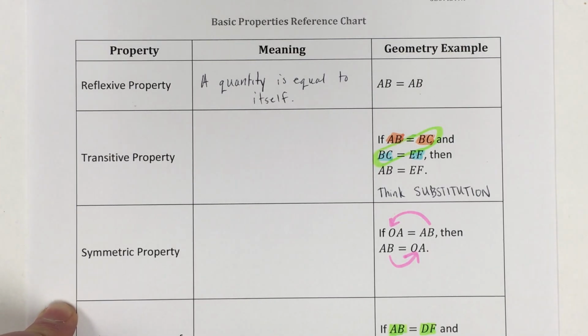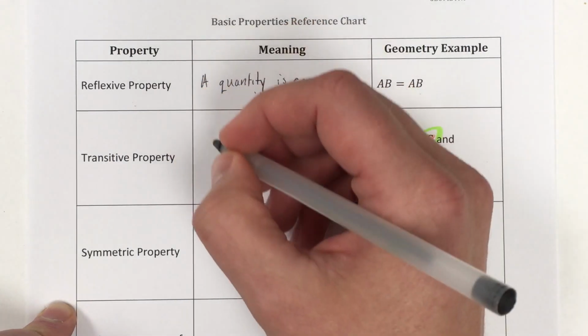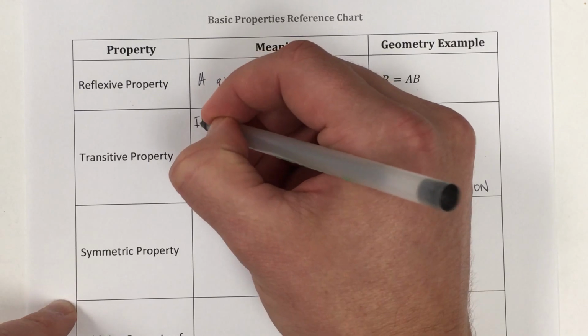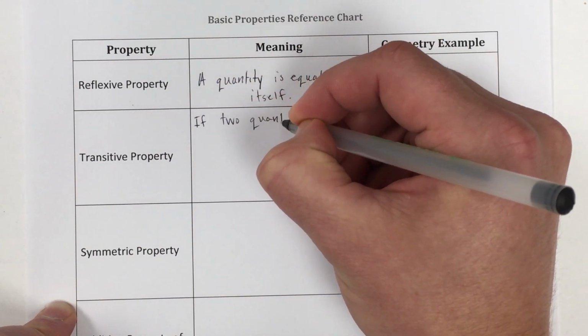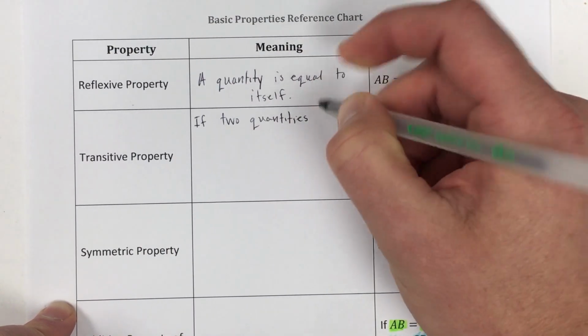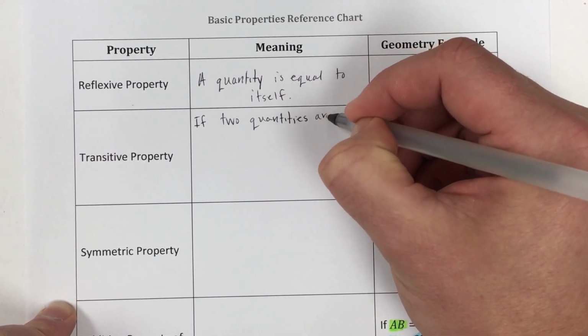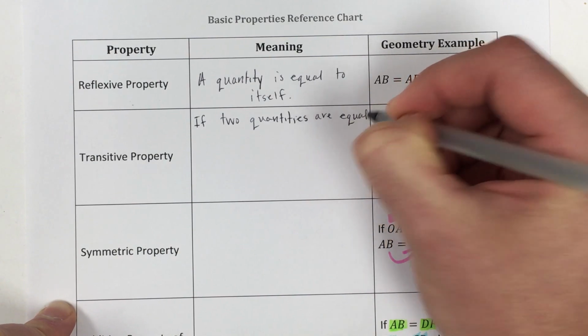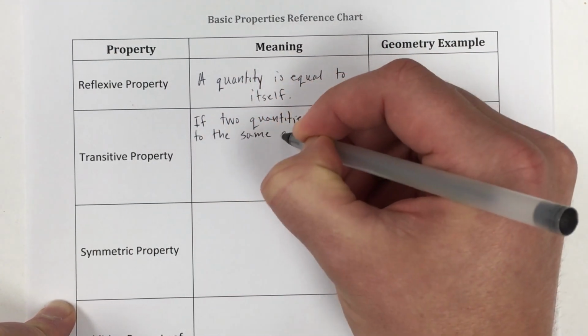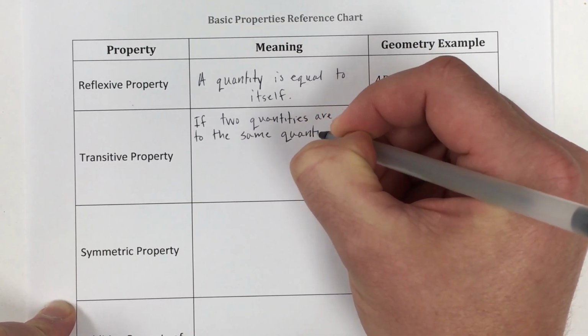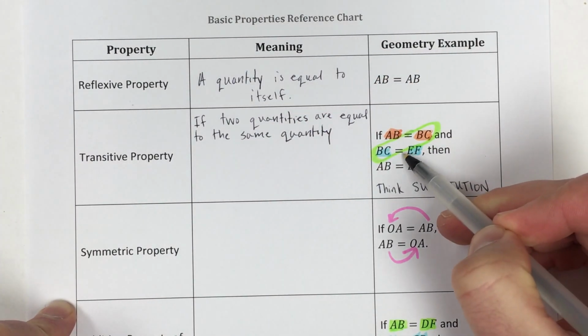The transitive property is something that you guys have really experienced through substitution for your whole entire mathematics careers. But here's basically the wording of it. If two quantities are equal to the same quantity, and you can see this with my green circle.